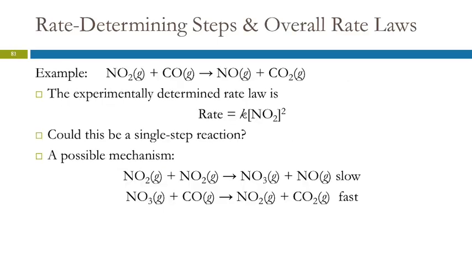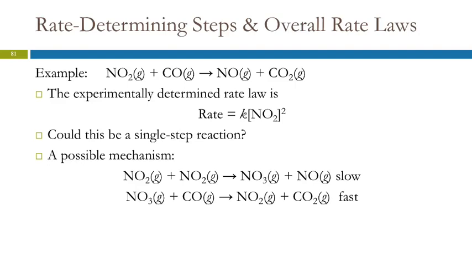So let's look at an example. Here we've got NO2 plus CO forming NO plus CO2. So the rate law is this. The rate is k times NO2 squared. This is not something that we can get by looking at the equation. It's determined experimentally where you measure the initial rate at different concentrations.